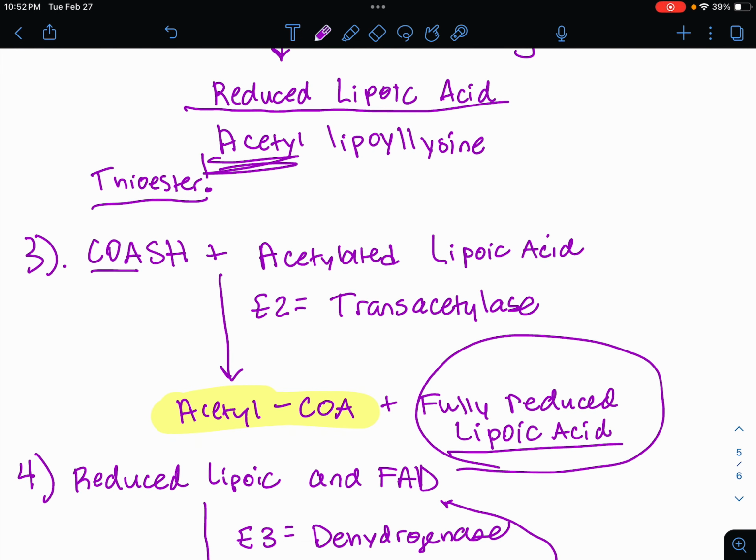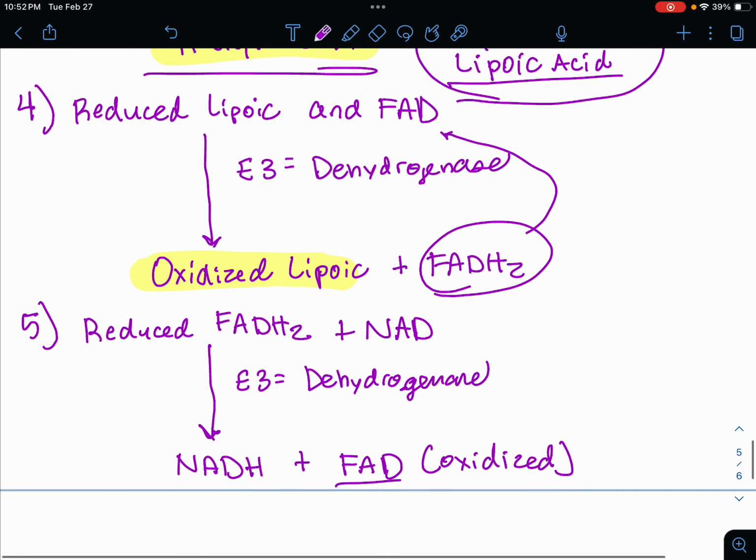We're going to use that transacetylase, or enzyme 2 again, and we're going to actually get our acetyl CoA, as well as a fully reduced lipoic acid. The lipoic acid needs to be regenerated into its oxidized state. So in step 4, we're going to use FAD and the dehydrogenase. To remove those hydrogens, we're going to reform the oxidized lipoic acid, and we're also going to get FADH2.